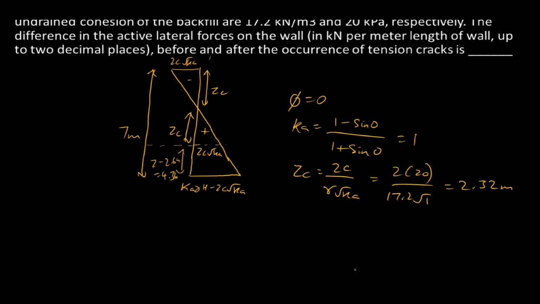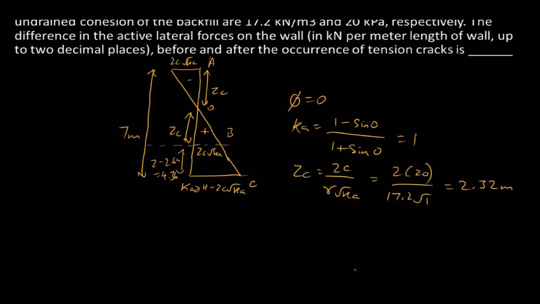So at first, we have to find out the C, and also we have to calculate the value of 2C root Ka, because active pressure we have to calculate here and here also. Okay, so we'll name these points A, B, and C, and the origin will be O.